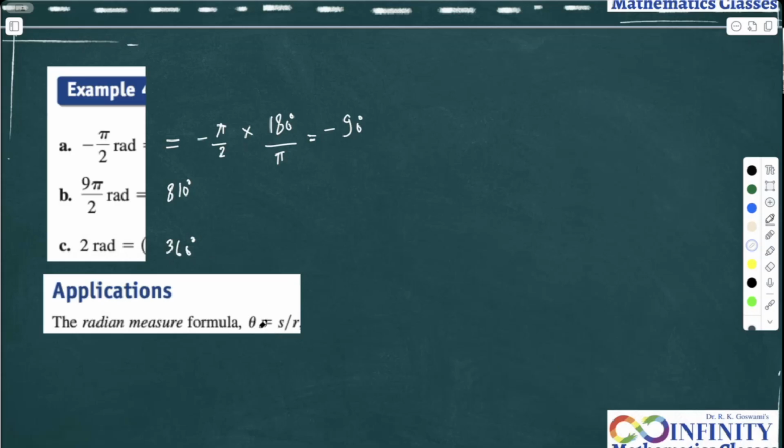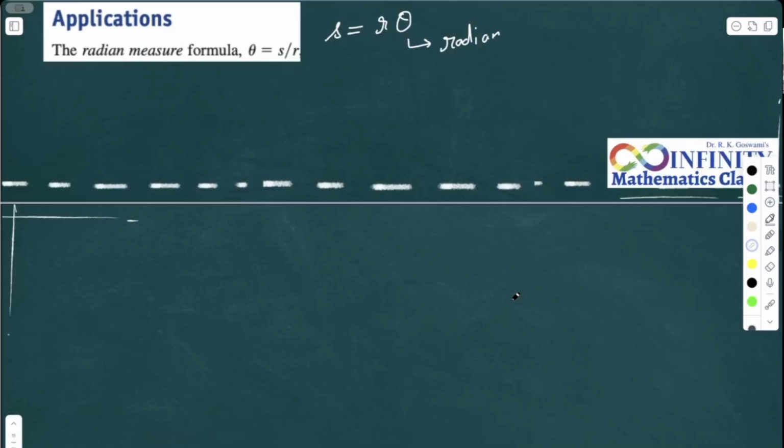So by chance, if a radius is known to you, and theta is given to you in radian, and if I ask you to tell me what is going to be the arc length, it is going to be r theta. Remember, this theta should be in radian. If it is given in degree, you will first convert it to radian and then apply, and you will be able to find the arc length.